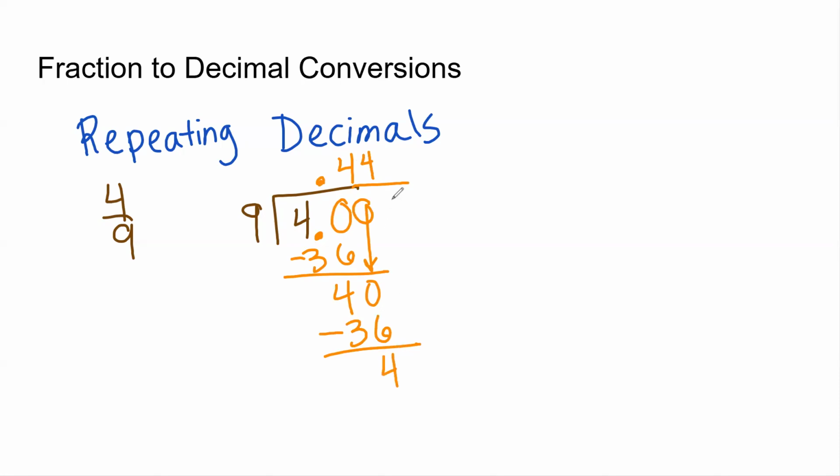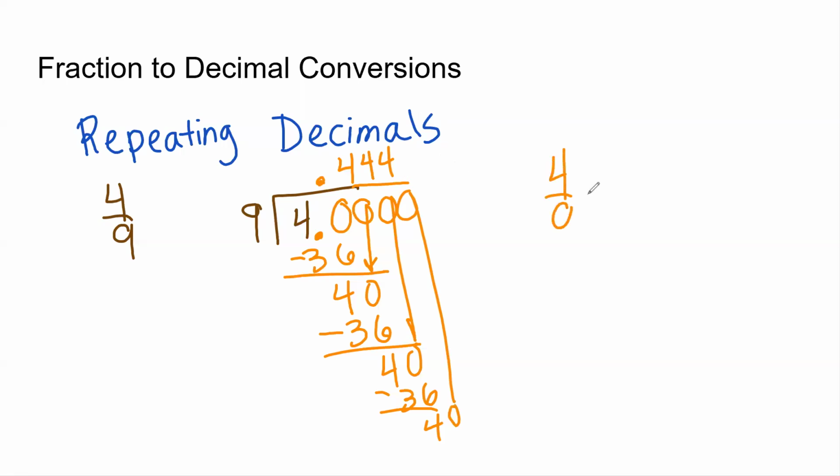Subtract, which is 4. 0, bring down. Goes 4 times, 36. Boom, that's 4. Subtract, right? It's going to go on forever. So 4/9 is 0.4 forever. And we're going to write that as 0.4 repeating. And that's how you say it too. 0.4 repeating. Okay?